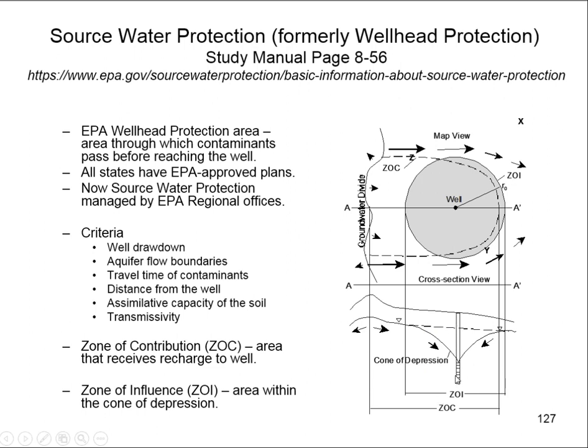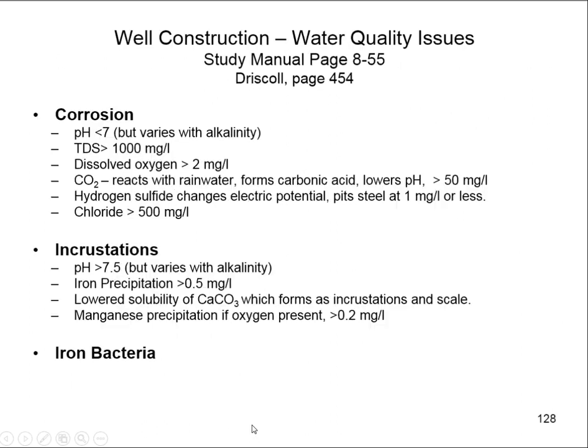Now, when we start pumping, the water that normally would continue moving down to the right on the lower side of this well is now being drawn back into the well. So that's the zone of influence that we have there. So both of those things are what we need to understand. They might use these acronyms, and so you need to know what they are.